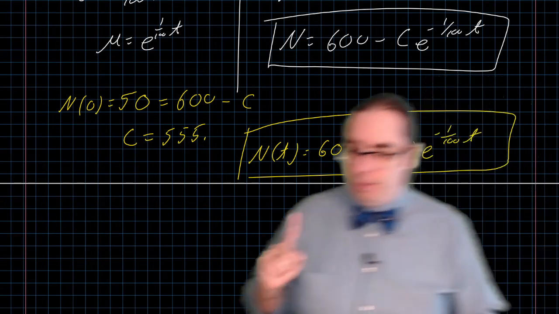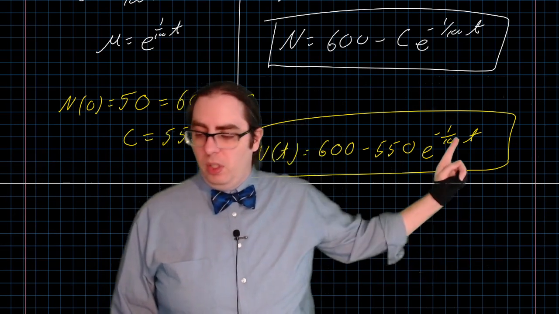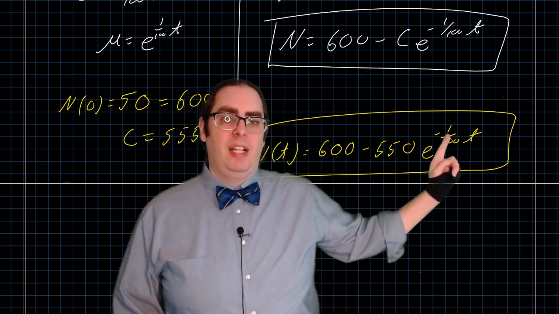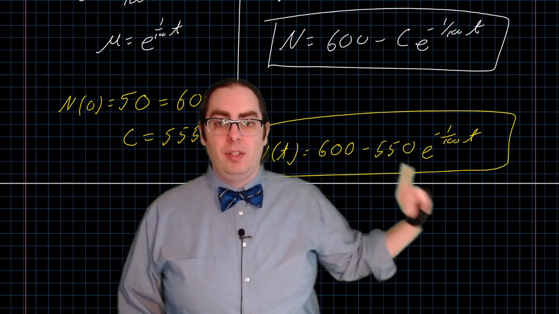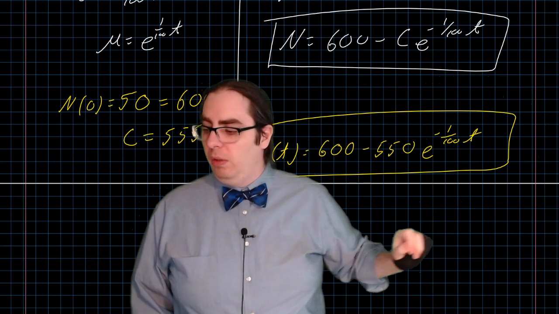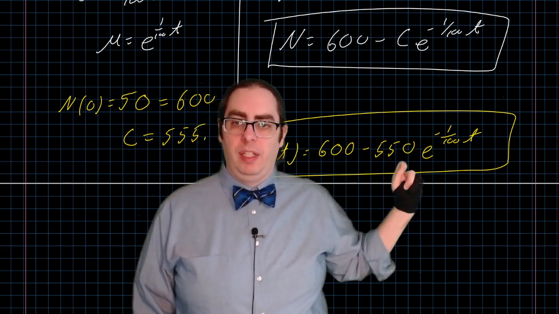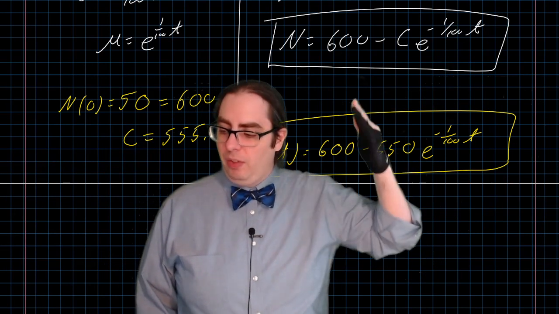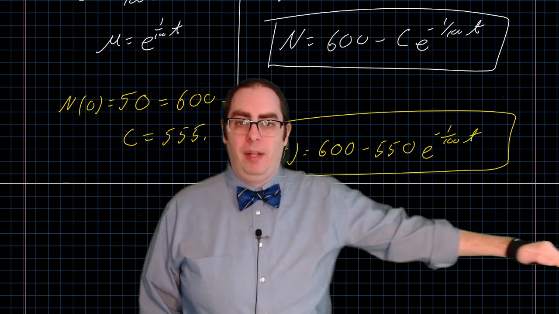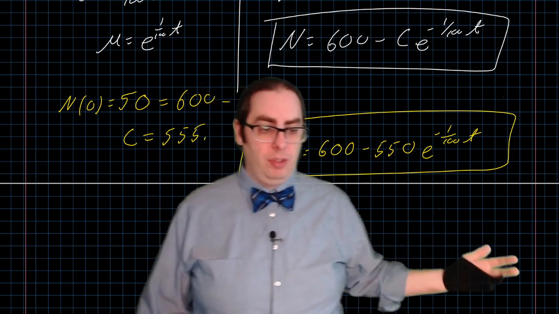We're subtracting something from it, which is e to a negative times t. That's a decreasing function that's going to have an asymptote. So at t equals 0, we get the full 550. And as t increases, the value of that is going to drop down until infinitely far away, it's going to be 600 minus 0.